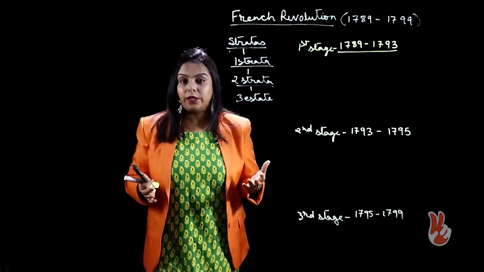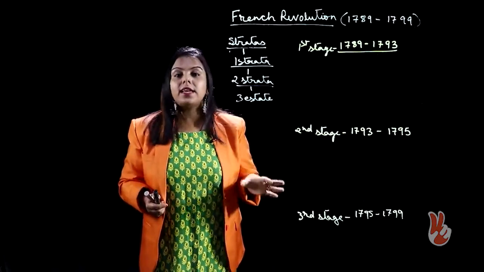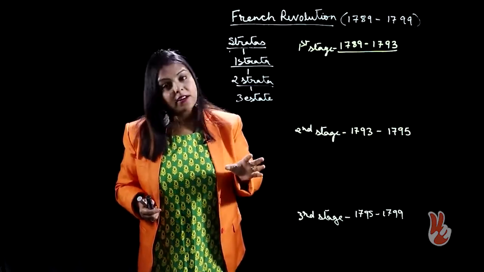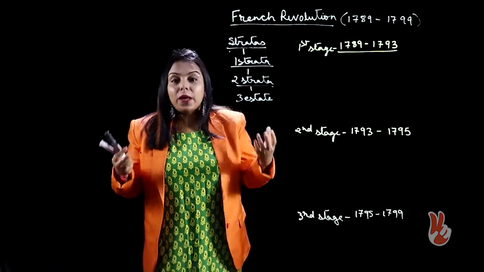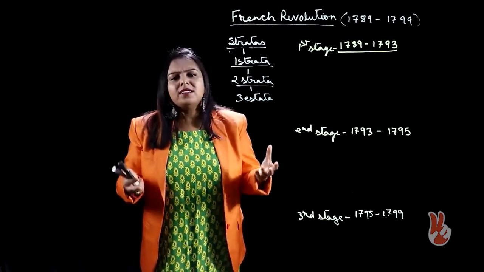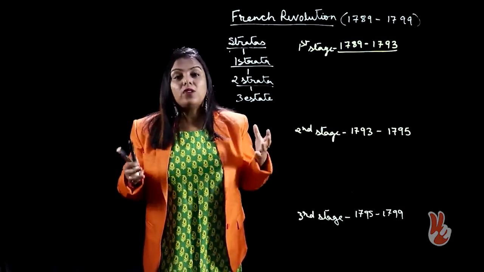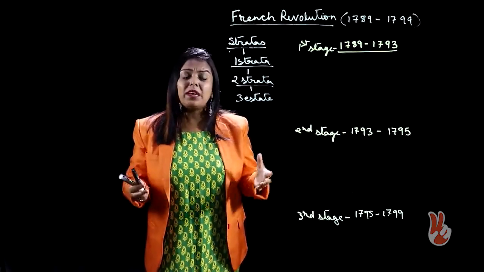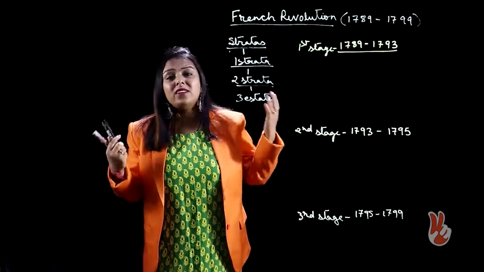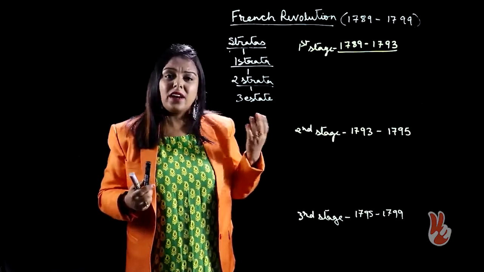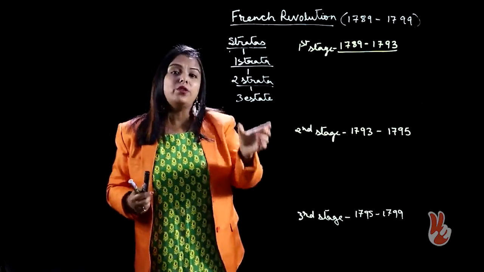Now, what had happened? Because King Louis XVI knew that the third estate was not ready to pay extra taxes, especially because there was a famine-like condition going on, he decided to call an assembly of all the three estates. This was an old assembly which was inaugurated almost 100 years earlier, and it didn't give any real power to the third estate.